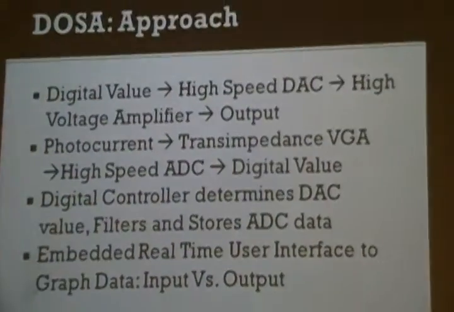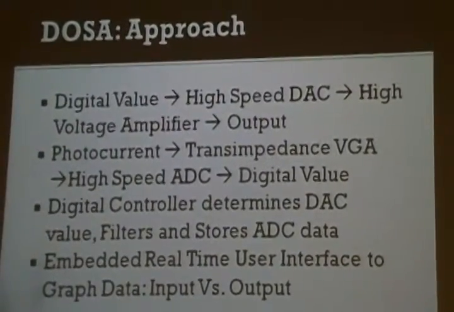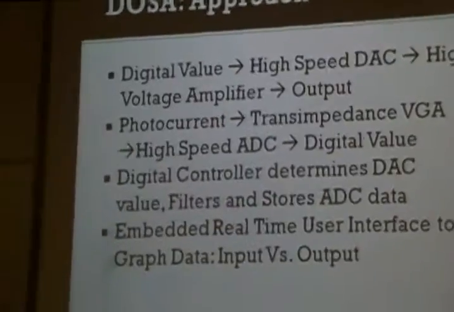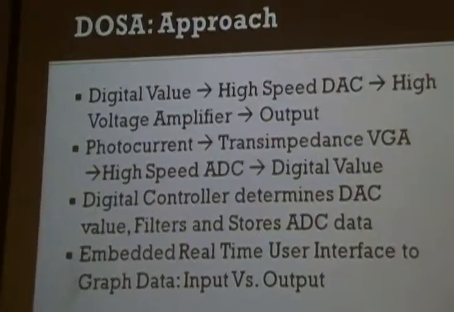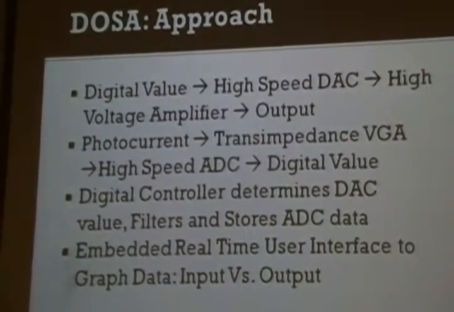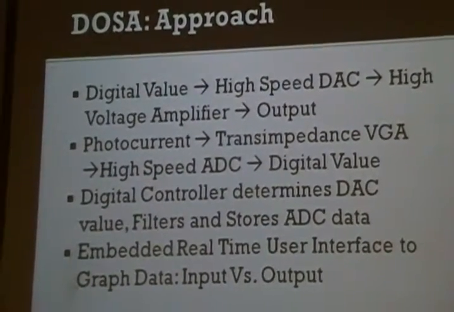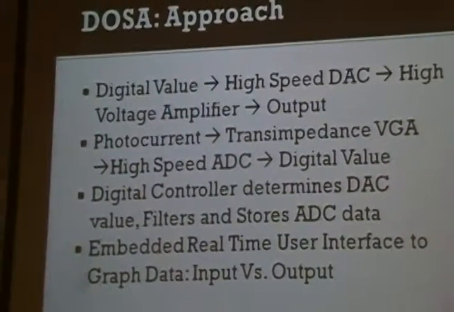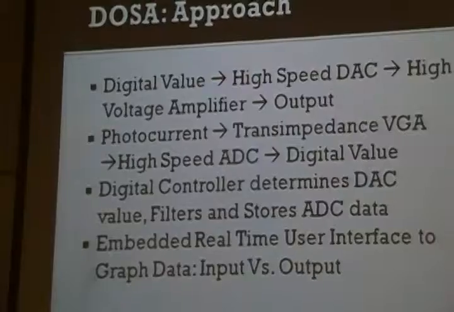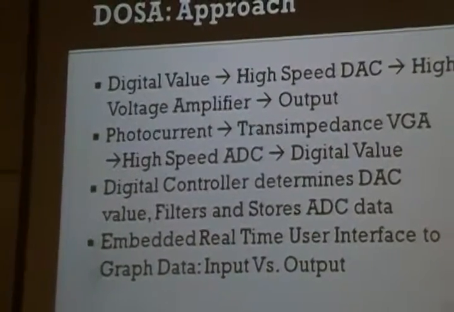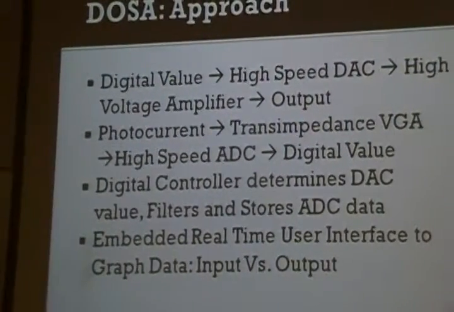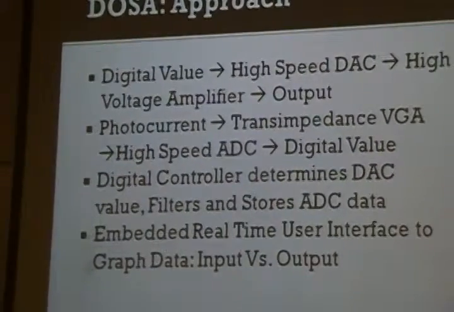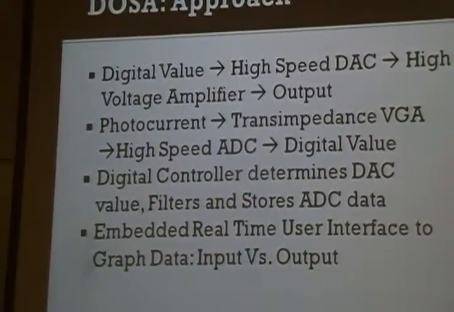So our approach for doing this is taking a digital value. That digital value will then be sent to a D to A converter and a high gain and high voltage amplifier. The high gain and high voltage amplifier creates the ramping function that I mentioned earlier. Then we will take the current from the photodiode, and that current will go into a variable gain amplifier. From the variable gain amplifier, we interface to a high-speed A to D converter.